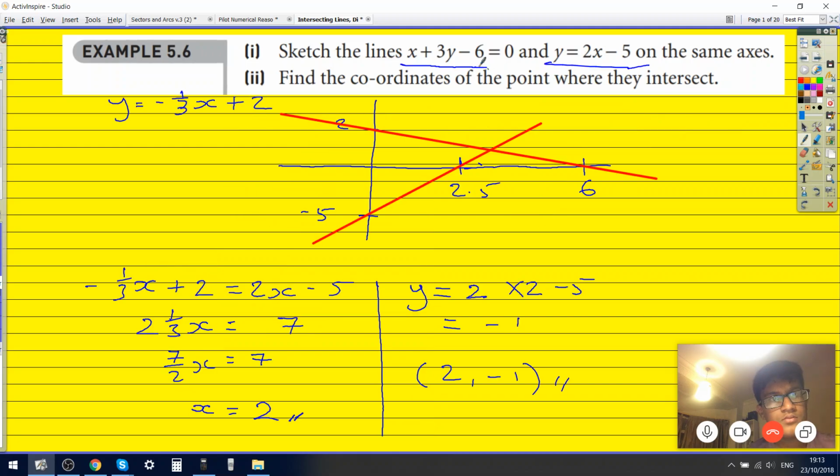Let's see. So this one here. So y equals minus 1/3 x plus 2. So that part's fine. Minus 1/3 x plus 2 equals 2x minus 5.